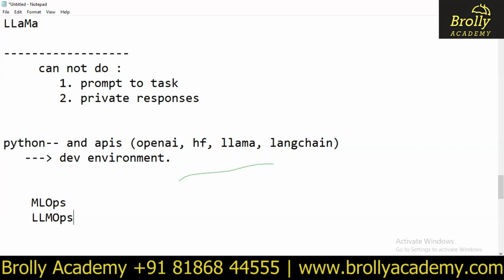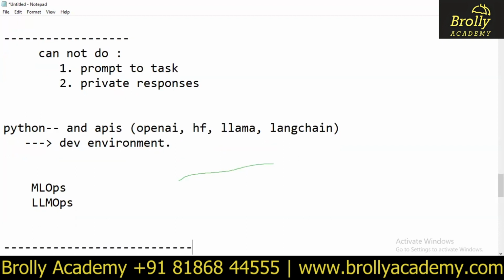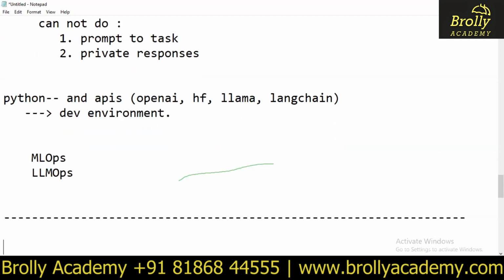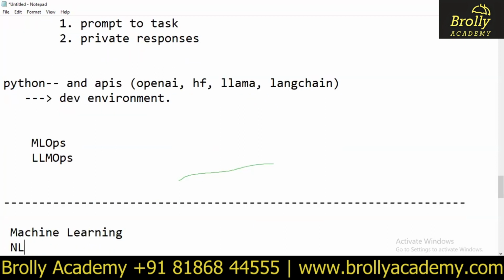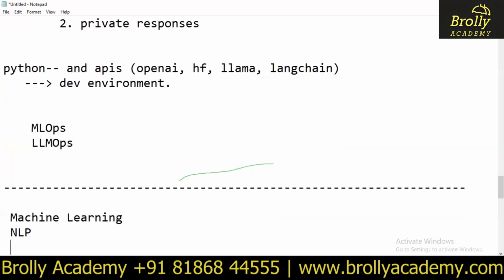Got it? So first of all, to understand all these things very deeply, you need some basic idea about what exactly machine learning is. What is machine learning? What is NLP? What is deep learning?